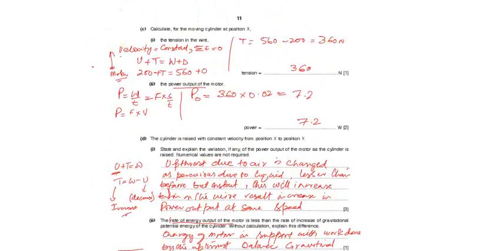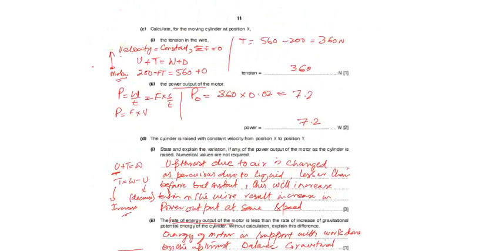Now, the power output of the motor. Generally we have the formula power equals force times velocity. We can derive the formula: power equals work done over time, and work done is force times displacement. Displacement over time is the velocity, so power equals force times velocity. The force is the tension.